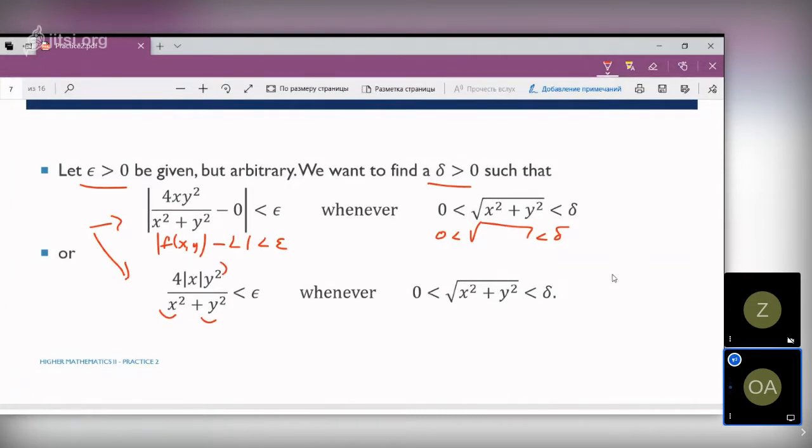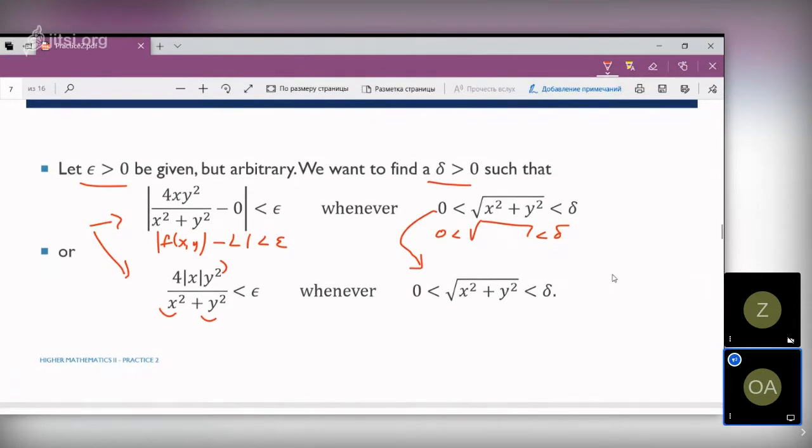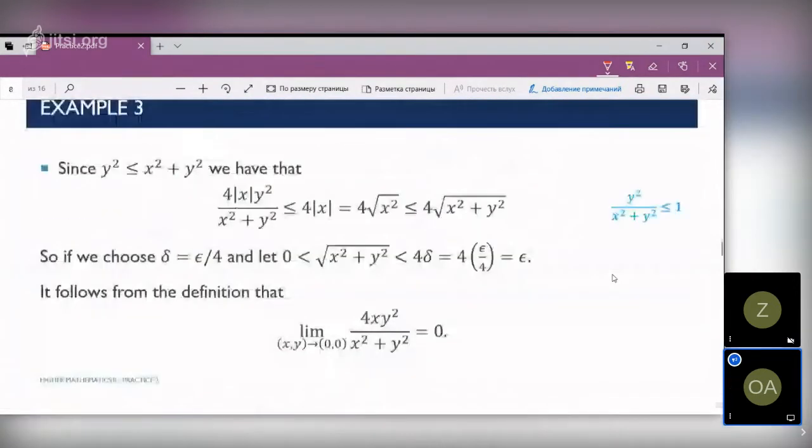They are positive. 4 is also positive, but we cannot say about x. So we can drop this absolute sign. Modul ishoralarni tashlab yuboramiz, but x da qoldiramiz. Chunki qolgani musbat ekan, ko'rib turibdi. And it's smaller than epsilon. This remains the same. This expression remains the same. We'll go further.